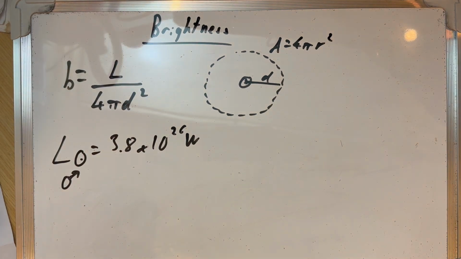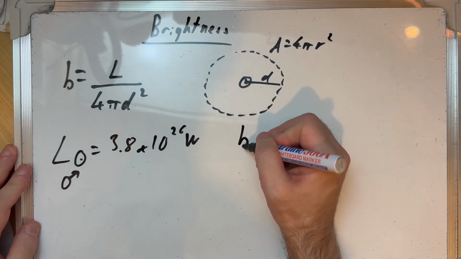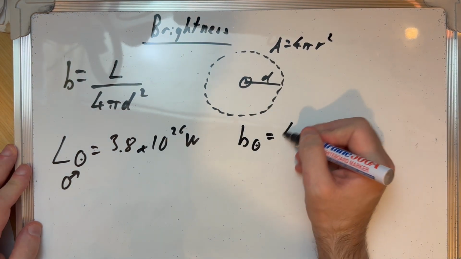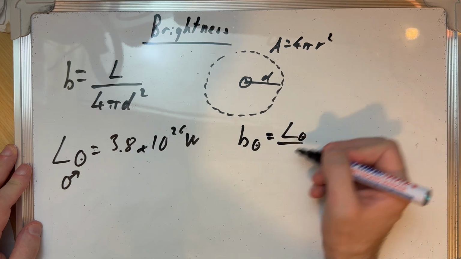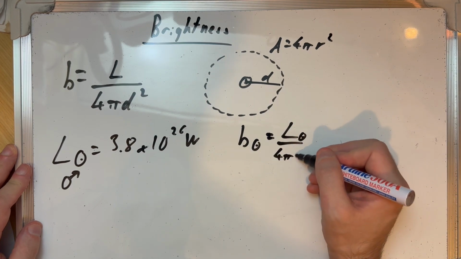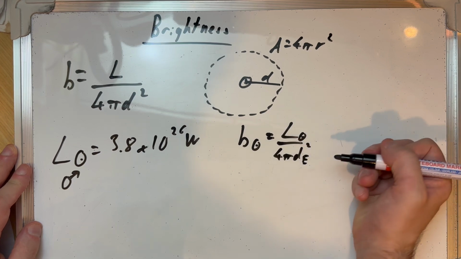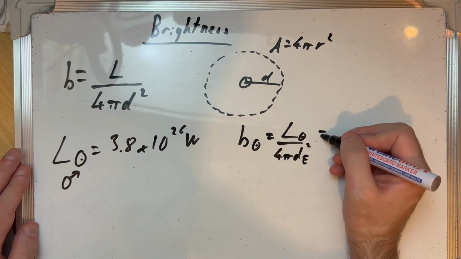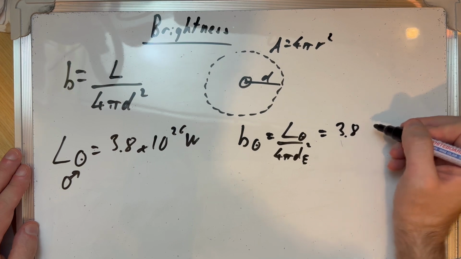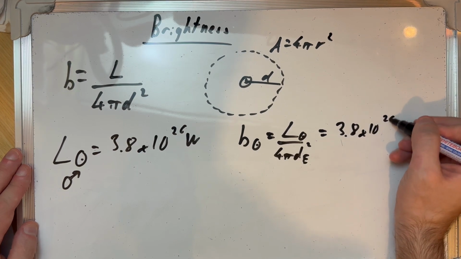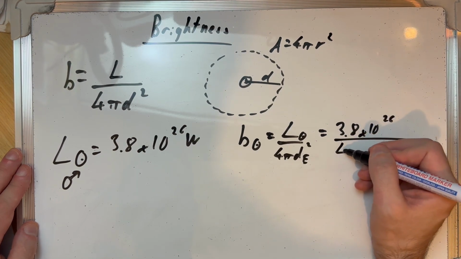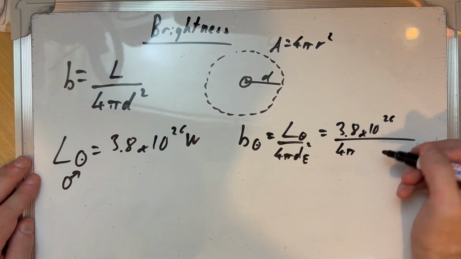So let's work it out for the sun, get from luminosity to brightness. So brightness of the sun is the luminosity of the sun over 4 pi d squared. That's the distance to the Earth, but you can use any distance, of course. So that's 3.8 times 10 to the 26 all over 4 pi d squared.